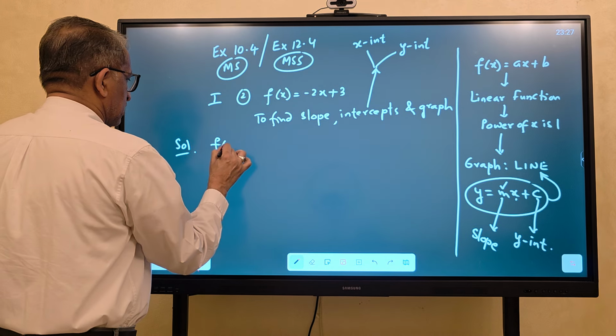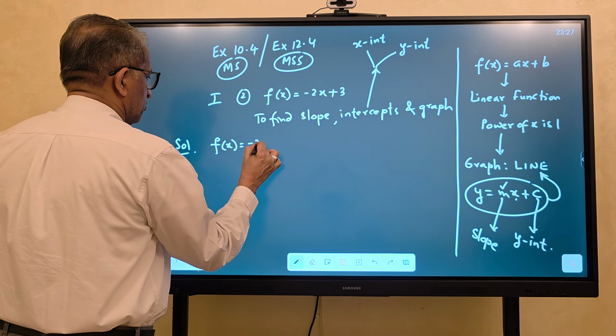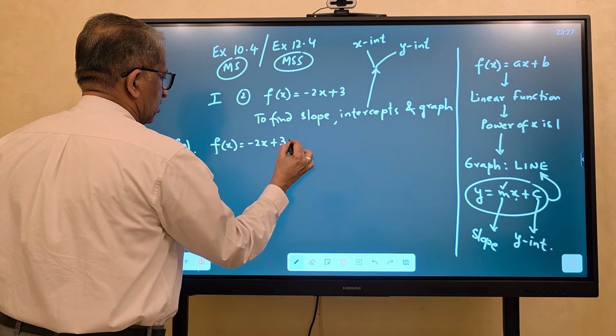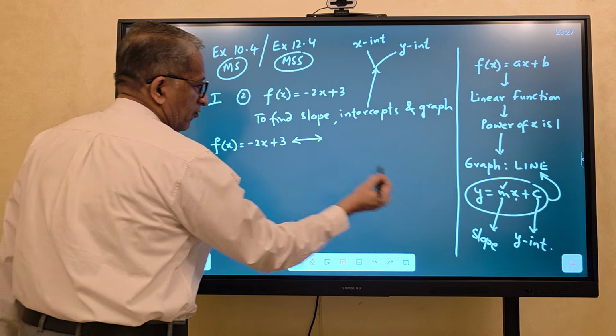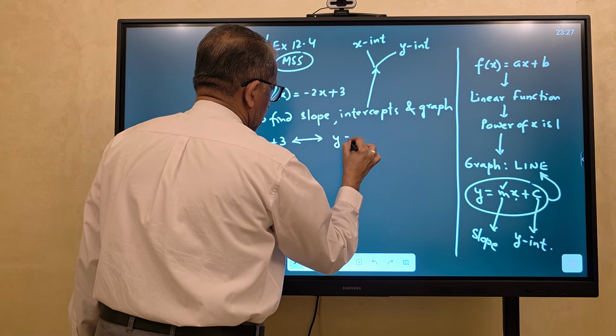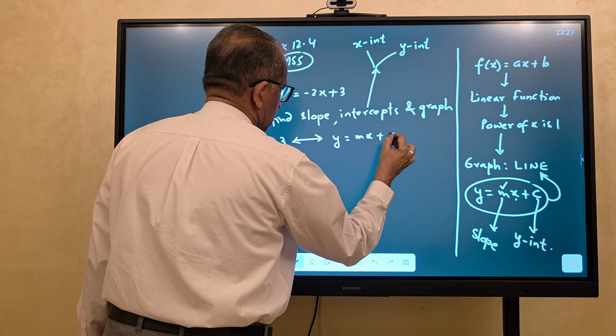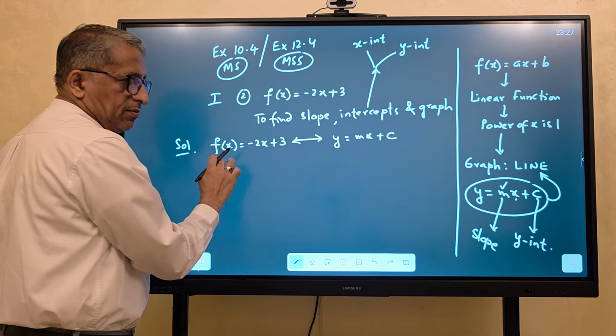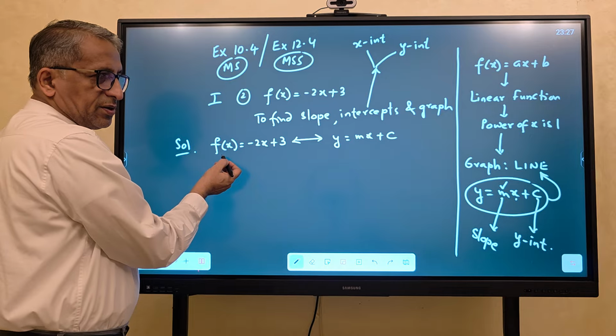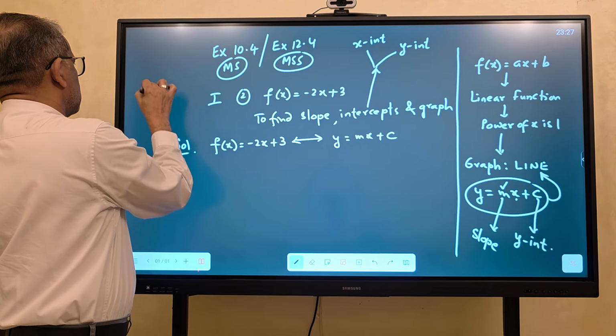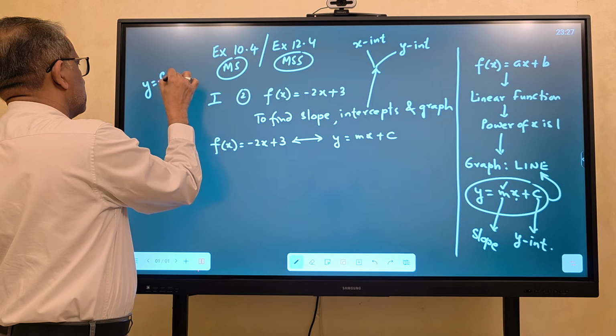You are given f(x) equal to minus 2x plus 3. Compare this with y equal to mx plus c. y and f(x) are the same. Don't forget this.